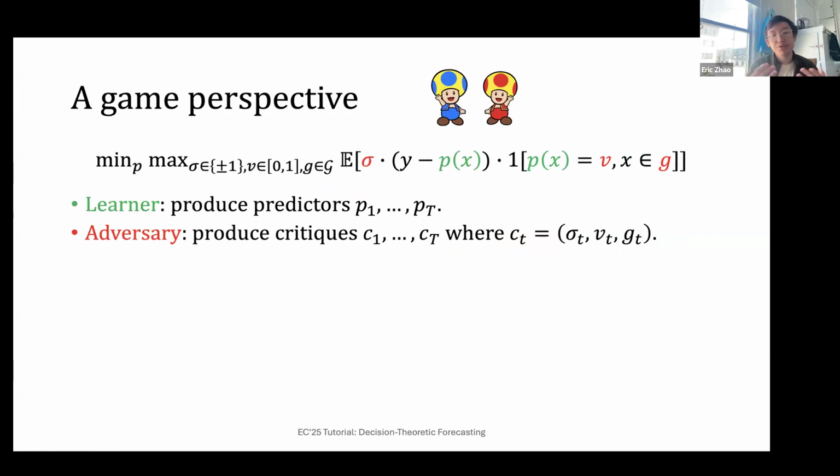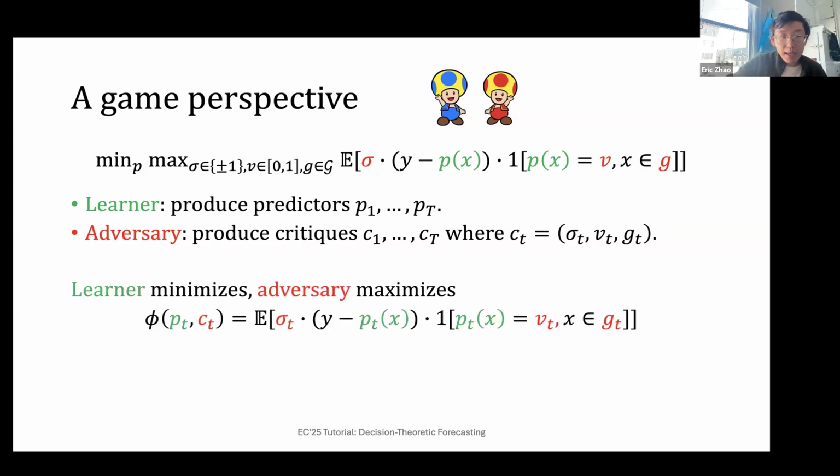So it'll produce critiques, and each critique will be a bundling of a group, a level set, and a sign that tells us whether the bias is due to over or underestimation. If we write this as a game, the payoff function is just this expected conditional measure of bias.